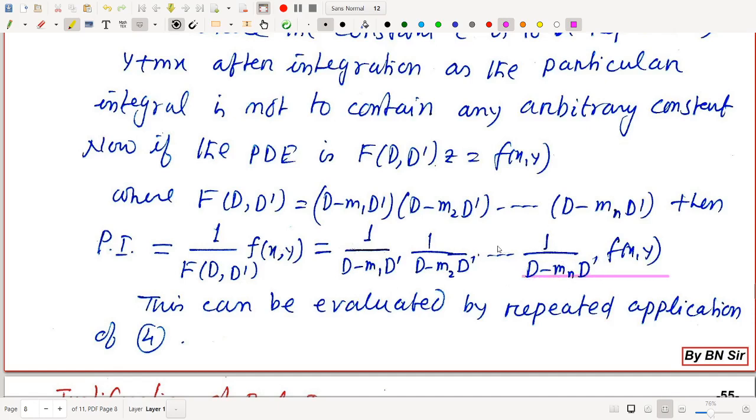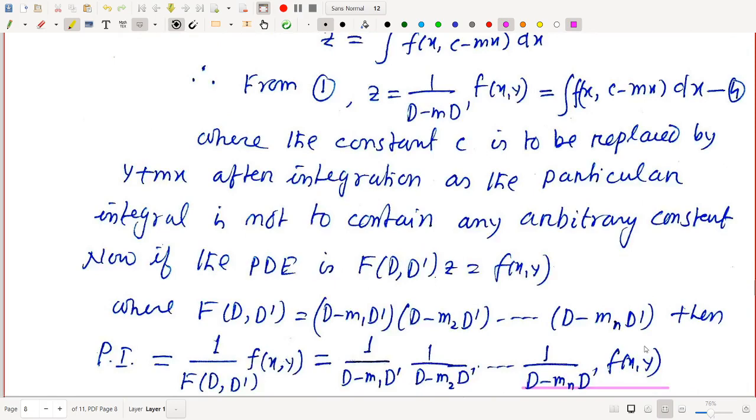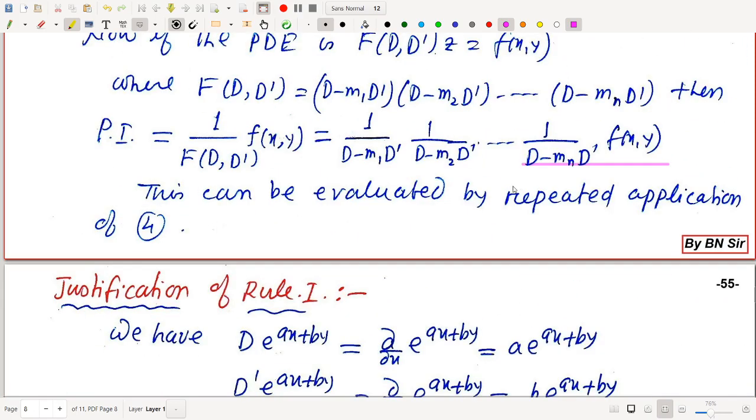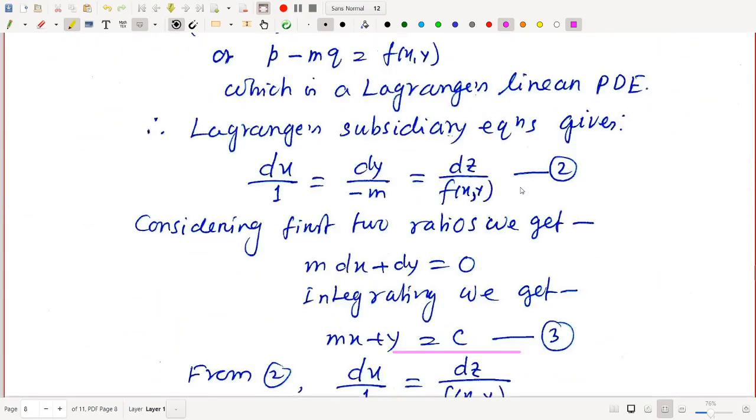Then we shall find the second one, this way we finally find 1 by (D minus m1 D') of a new function, and this can be evaluated by repeated application of number 4 again and again. So this is the process for rule 5 for any function.